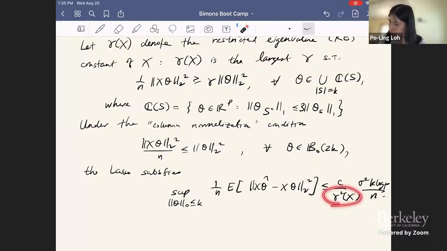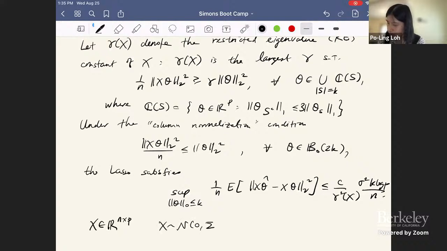And why do we think about this as not necessarily a constant? Well, let me just remind you. X is in R^(n by p). And if you think about X as being drawn from some ensemble, let's say normal 0 Sigma, then gamma of X is kind of like the minimum eigenvalue of Sigma.